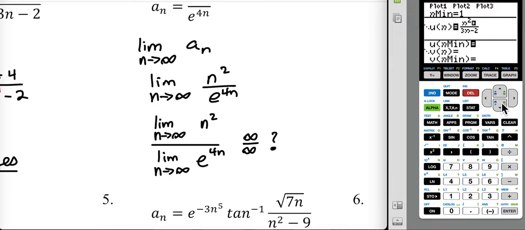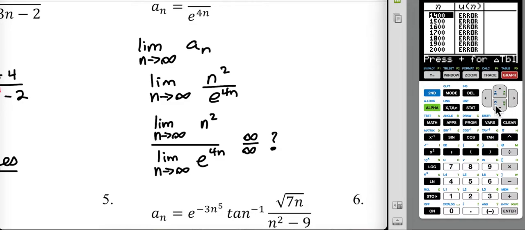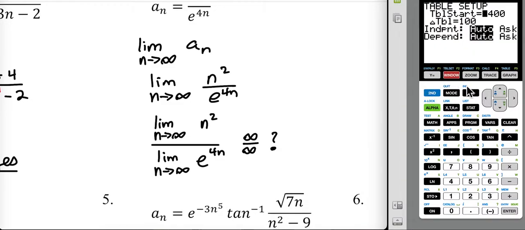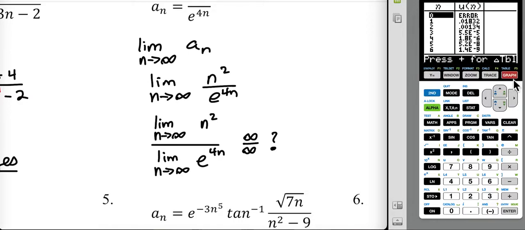So n squared over e to the 4n. Aside from the fact that I have my table settings from the last problem, the domain shouldn't be a concern.